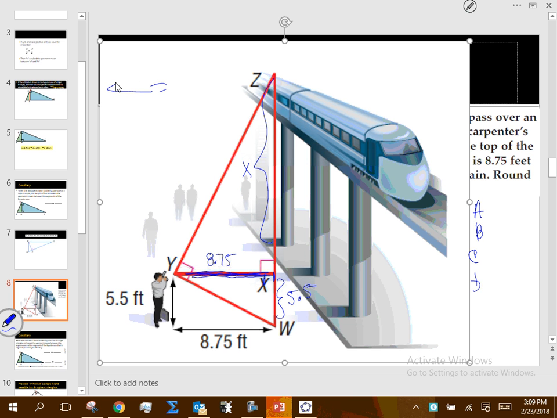When we set up our proportion here, because this is an altitude, we have 8.75 and 8.75, right? That's the geometric mean. Now, what can go here? 5.5. And what can go here? X. So you're going to get 5.5x is equal to 8.75 squared.